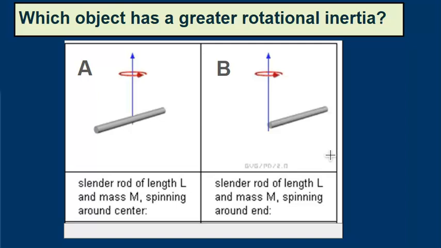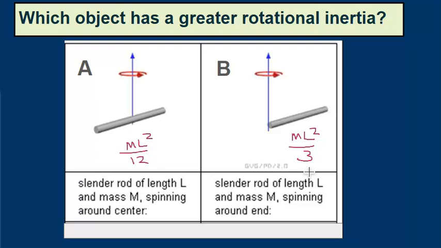All right, we're almost done with the guesses, but these are all important. Okay, so which object has a greater rotational inertia? Imagine taking a meter stick and rotating it about the middle or grabbing it at the end. All right, so the moment of inertia for the meter stick about the middle is ml squared over 12.